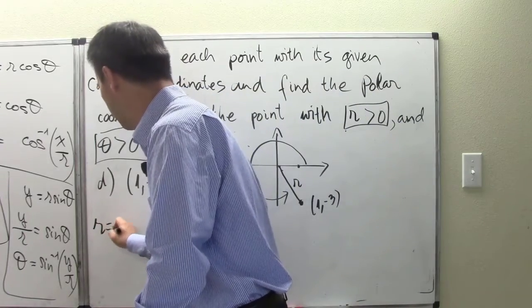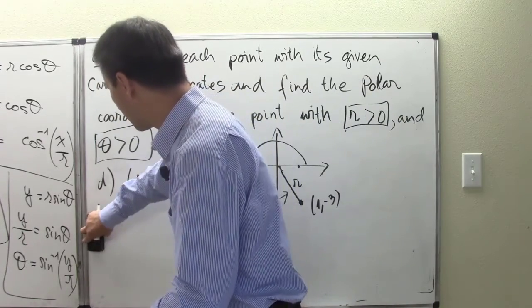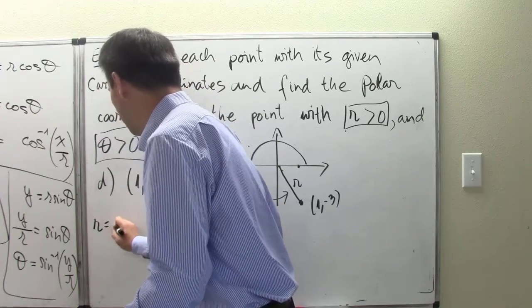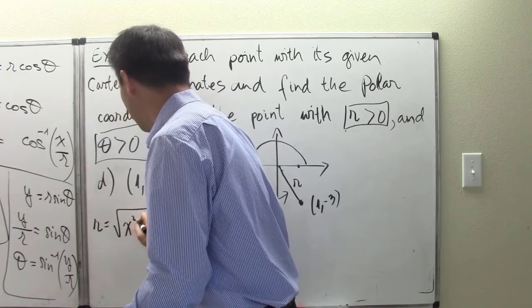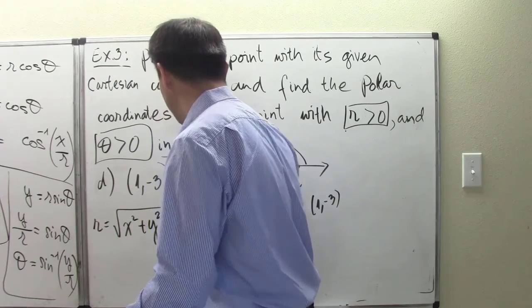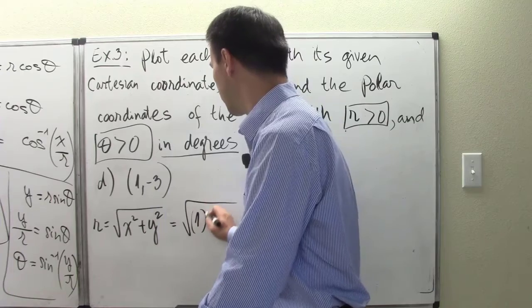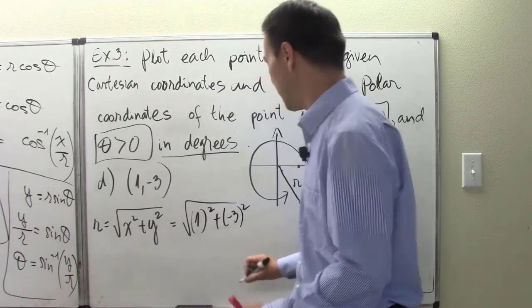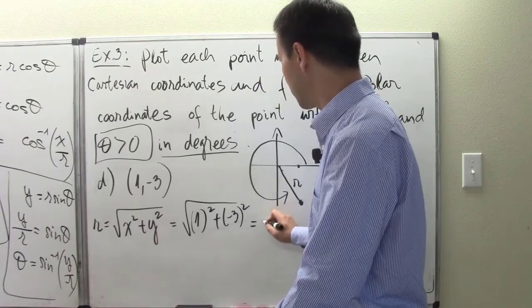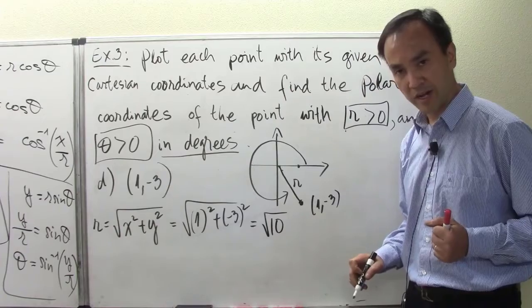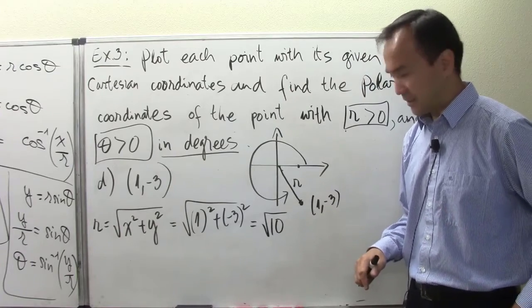R equals the square root of x squared plus y squared, which equals the square root of 1 squared plus negative 3 all squared, and that gives me radius equals square root of 10. So we have a radius easily found.